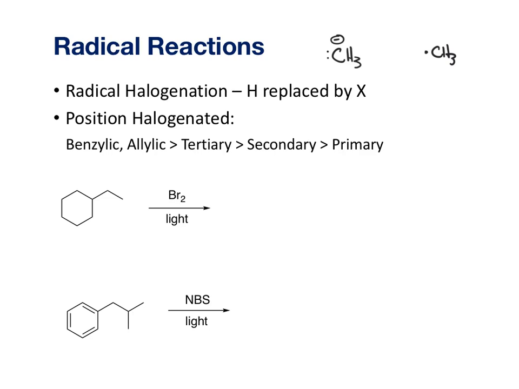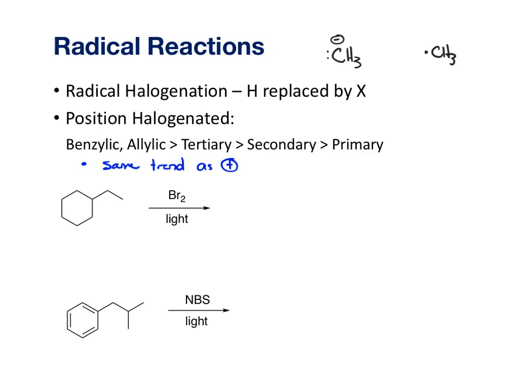And the position halogenated is really based on when a hydrogen gets abstracted, what gives the most stable radical. And radical stability follows the same trend as carbocation stability. So what that means is resonance stabilized radicals like benzylic and allylic are the most stable, followed by tertiary, secondary, and primary would be the least stable.